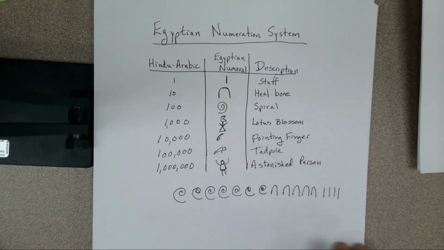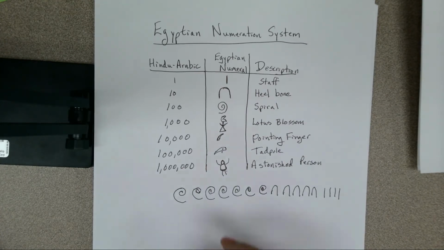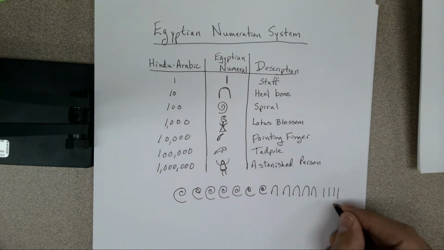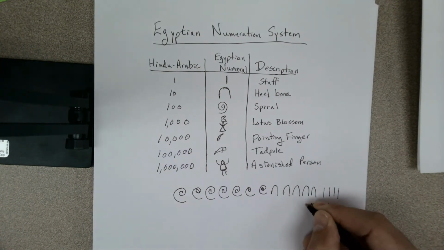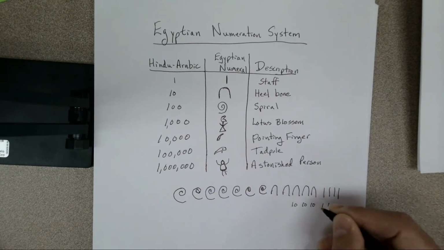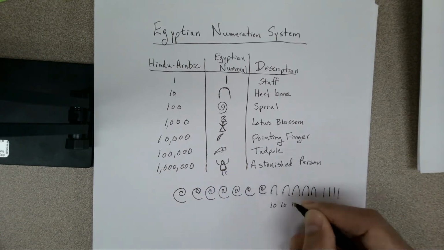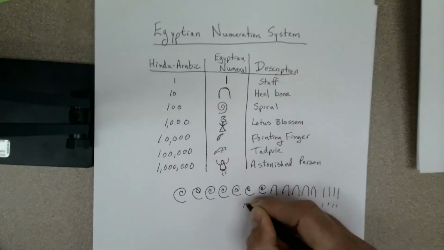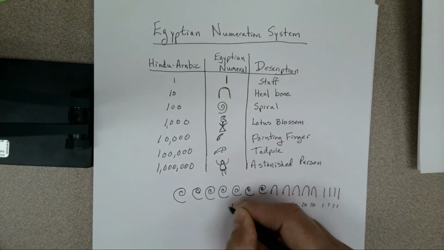To figure out what this number is, you just fill in. This is a 1, 1, 1, and 1, and this is 10, 10, 10, 10, 10, and then you have all these hundreds.